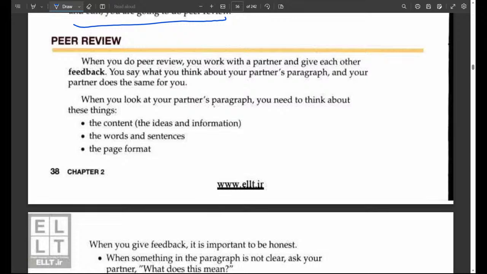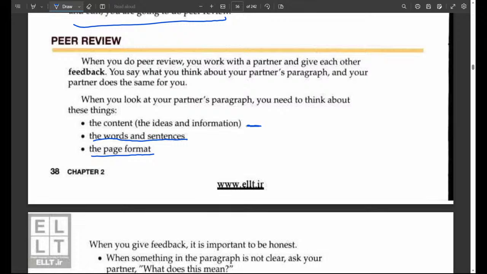When you look at your partner's paragraph, you need to think about these things: the content, the idea and information, the words and the sentences, the page format.